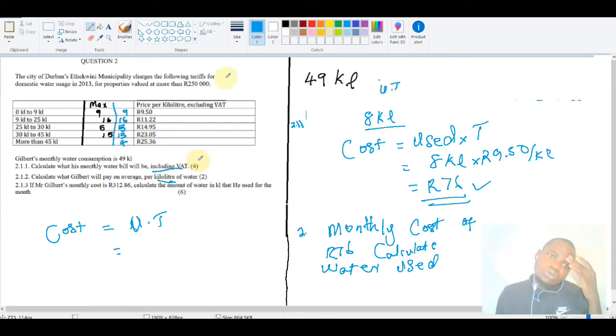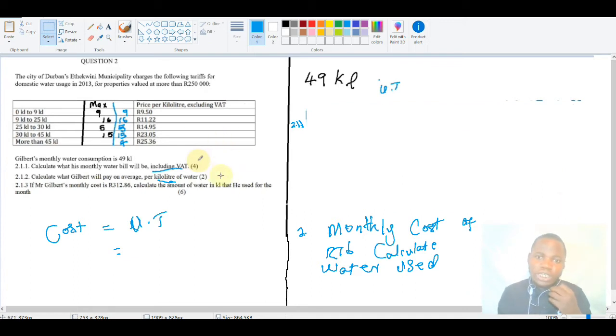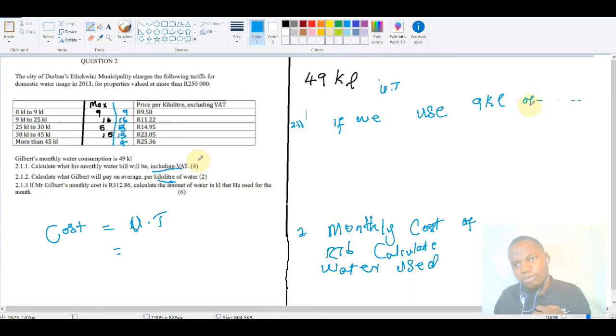So now to do this question, you need to have a picture of the tariff to calculate that one, right? So now to do this, you check if we use the maximum kiloliters of water in the first range, the maximum that can be accounted in the first range, what will be the cost?